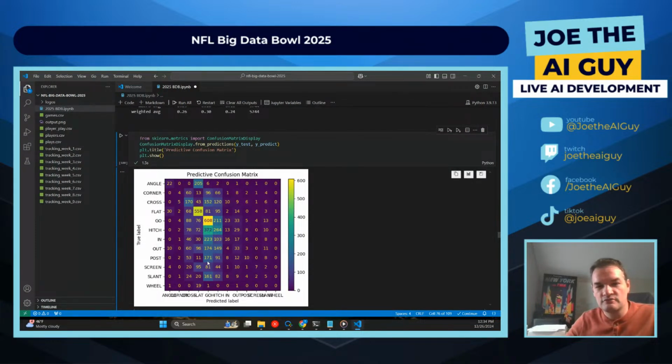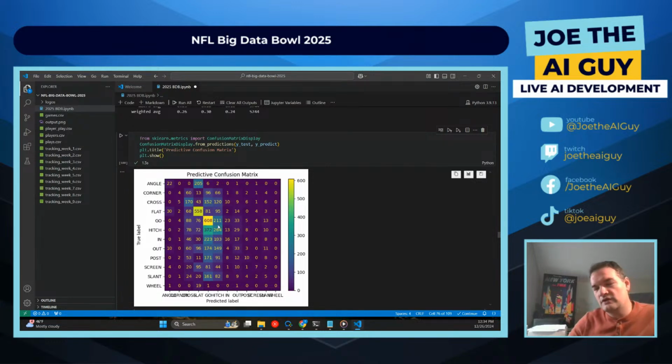There are more predictions to make, and we are seeing that a large amount of the time it's predicting a go route, even though it's not actually a go route. Very similarly, it's having trouble differentiating between a flat and an angle route in terms of what's a good separator to make its predictions. If you look here at Go, it heavily messes it up with things like hitch as well.